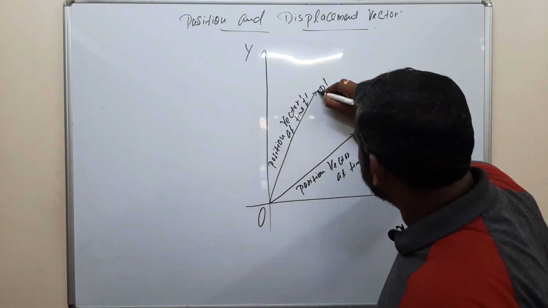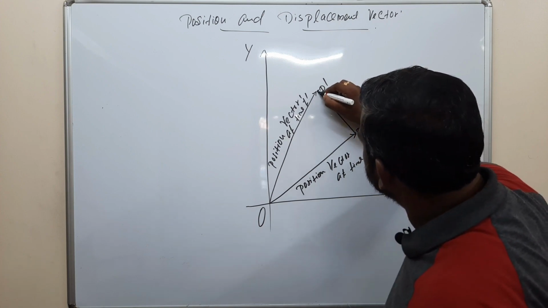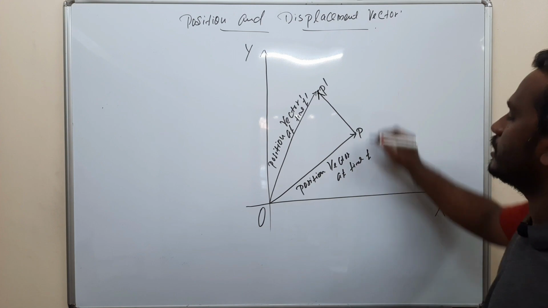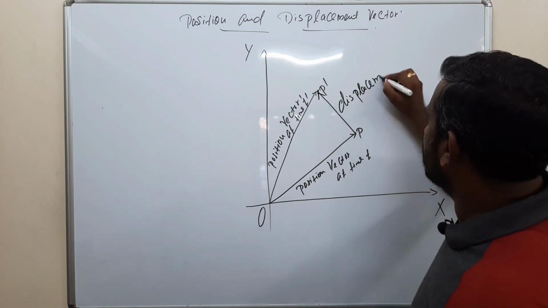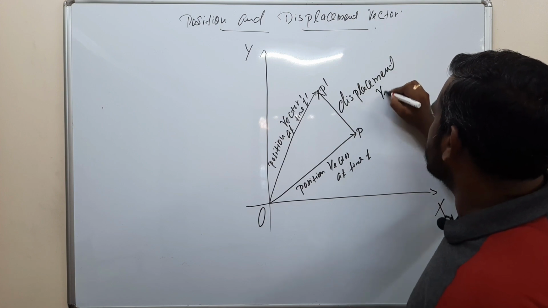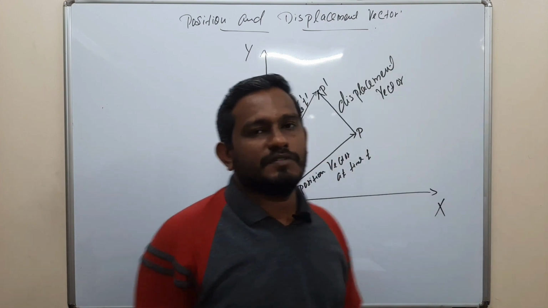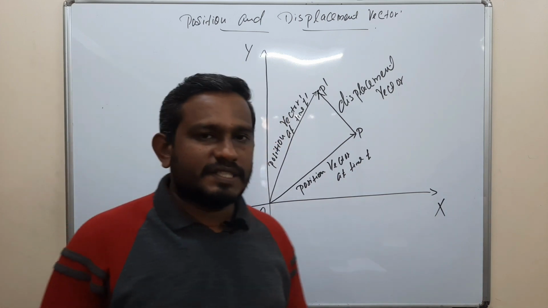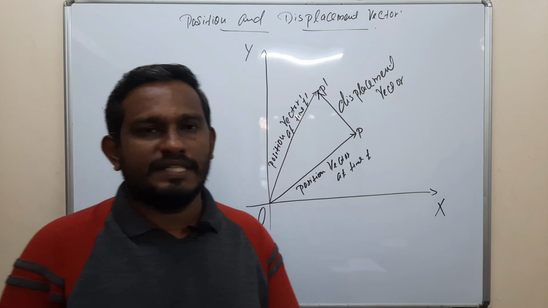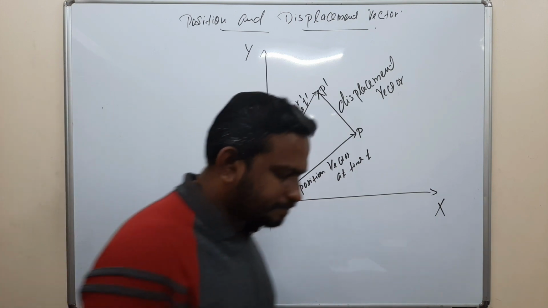So this vector gives the displacement vector. The displacement vector gives the direction and distance of the object moved in a certain time interval. That is called the displacement vector.